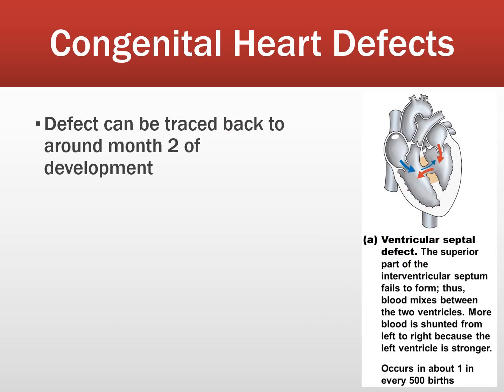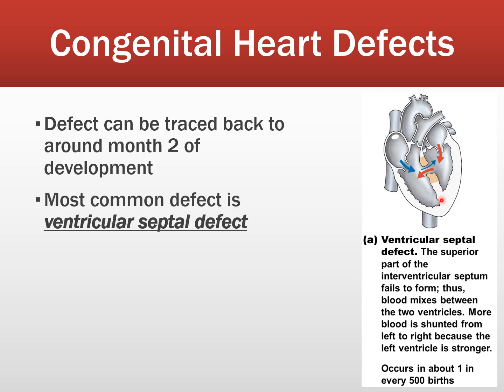So we do have some congenital heart defects as well. There are multiple ones, and essentially it goes back to about month 2 of development, where all these chambers are starting to develop, and you don't get the delineation between the chambers.